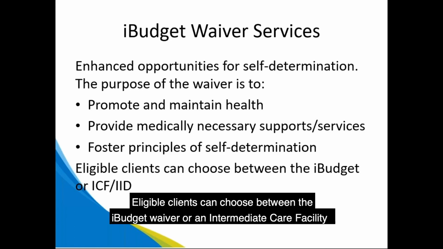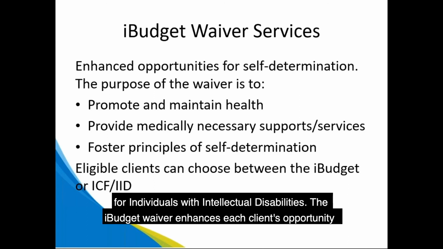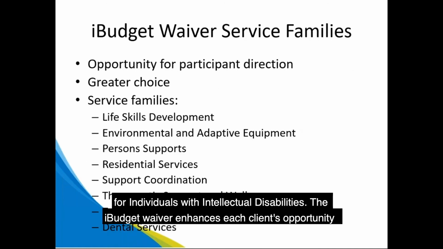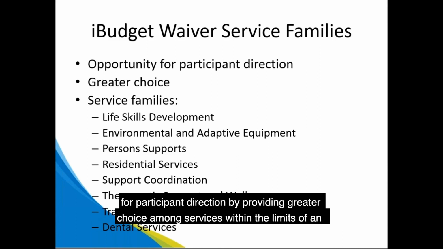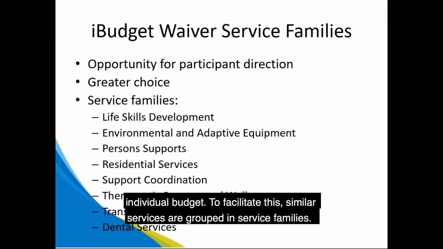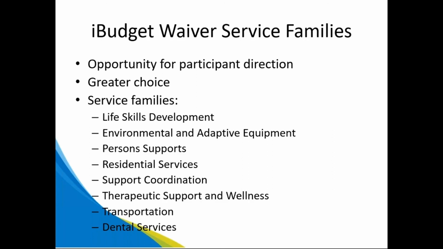Eligible clients can choose between the iBudget waiver or an intermediate care facility for individuals with intellectual disabilities. The iBudget waiver enhances each client's opportunity for participant direction by providing greater choice among services within the limits of an individual budget. To facilitate this, similar services are grouped in service families.